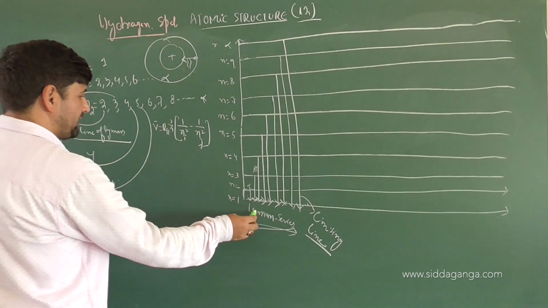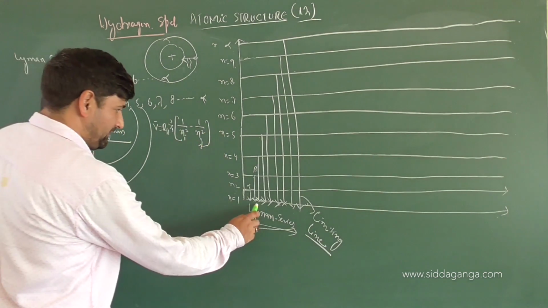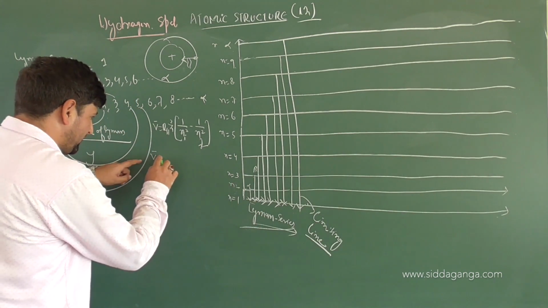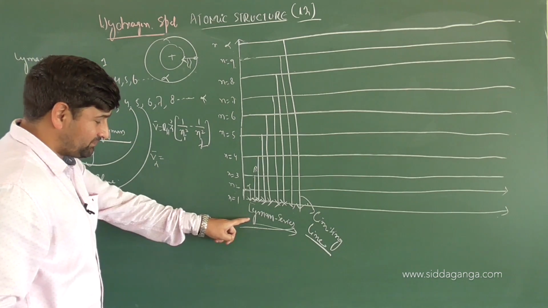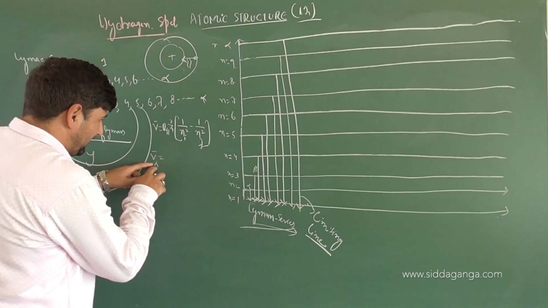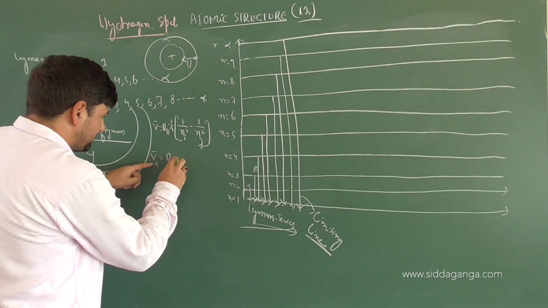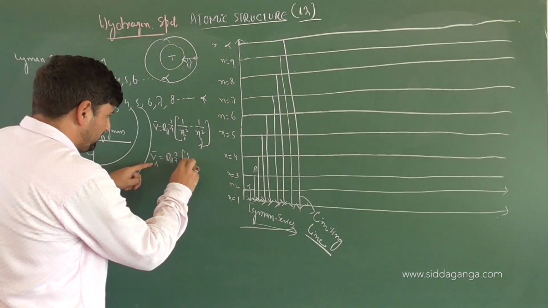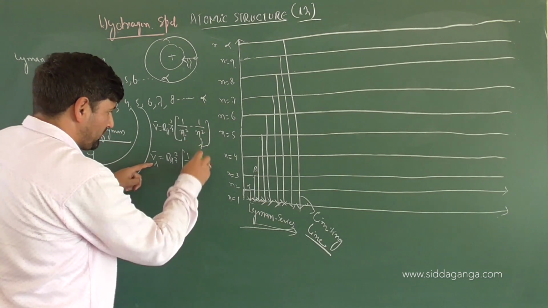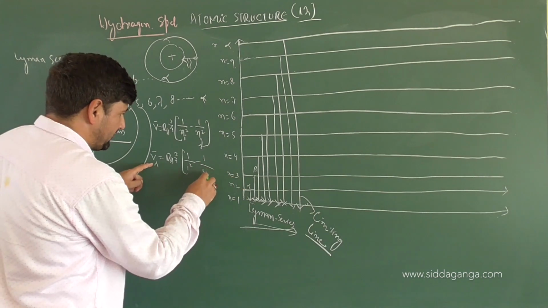Our question is which line? Alpha line and beta line. So what will be the wave number of alpha line for which series? Lyman series. So alpha line will be RH Z square into 1 by, what is the initial energy level? 1 square minus 1 by 2 square, that is 4.